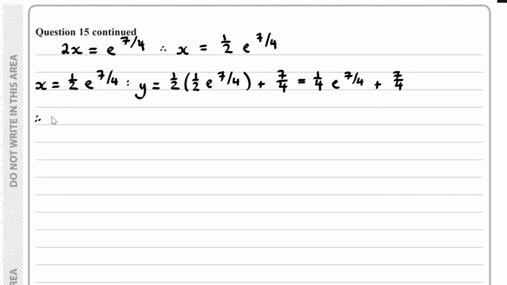And so the coordinates of Q will be 1 half e to the 7 over 4, 1 quarter e to the 7 over 4 plus 7 over 4. This is the coordinates of Q.